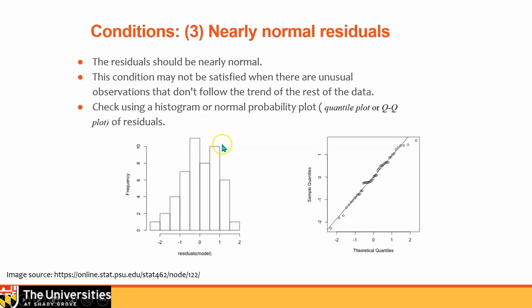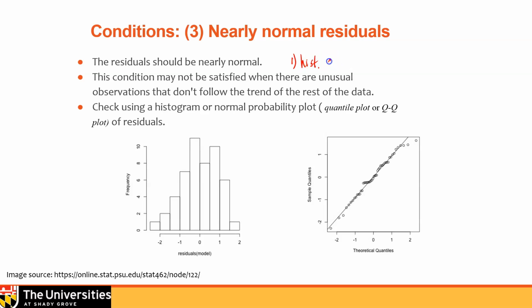This happens to be a different distribution because I want to show you that when we're checking for normality, we can do a plot, usually a histogram.